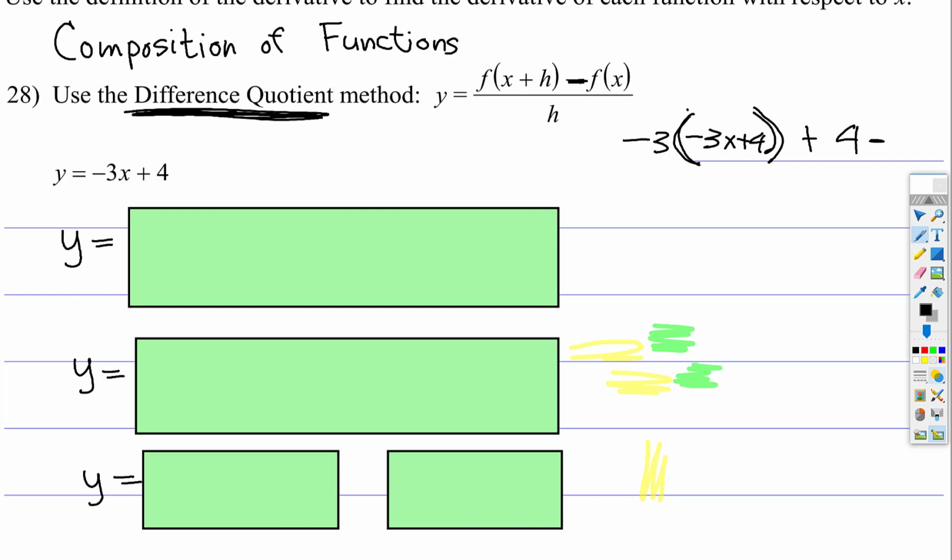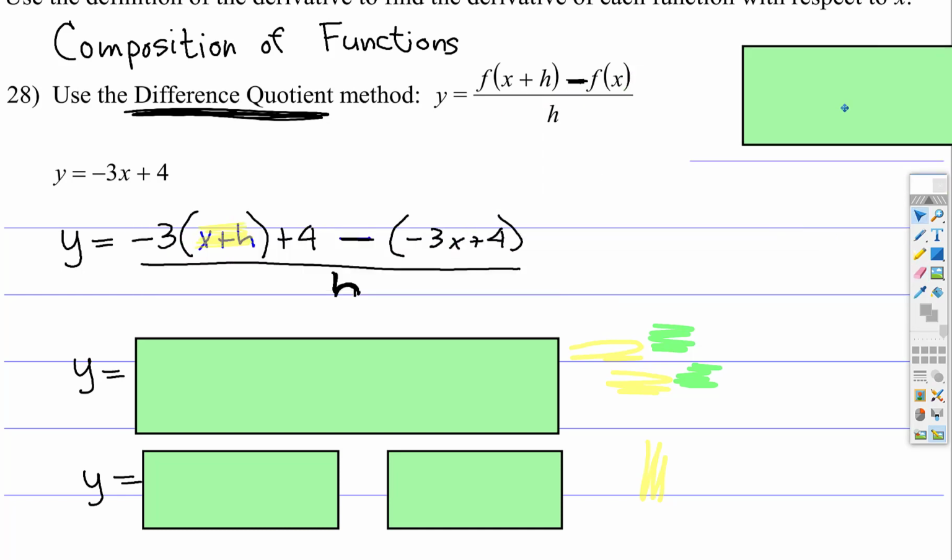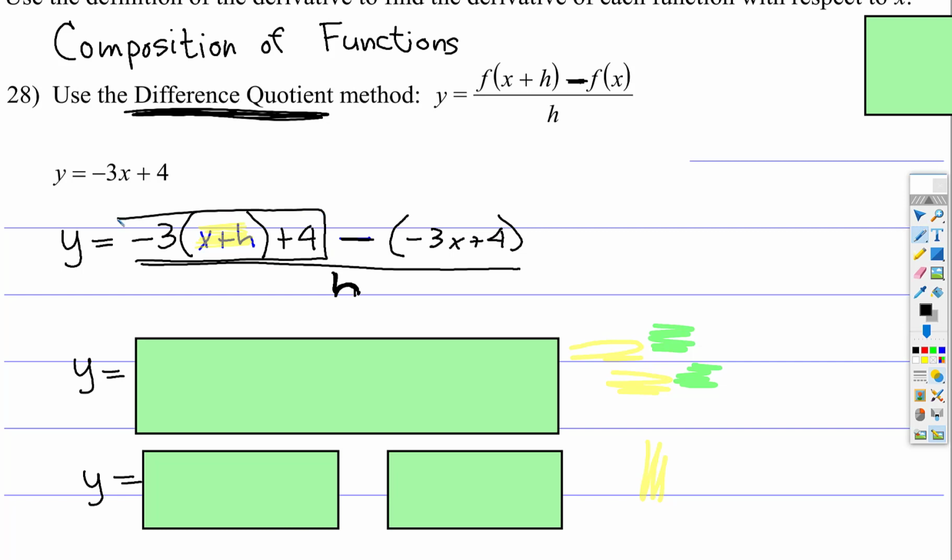So I went ahead and wrote all that down. We have this new piece, -3 times x plus h, the composing piece, plus 4, subtract, in parentheses, the entire original function. And then you're going to go ahead and simplify.